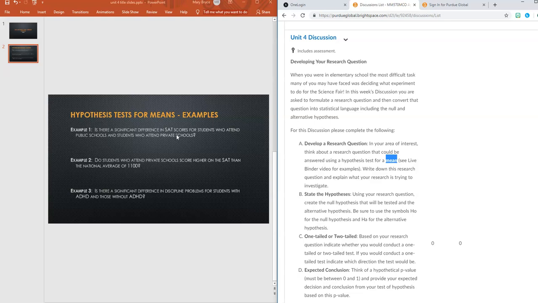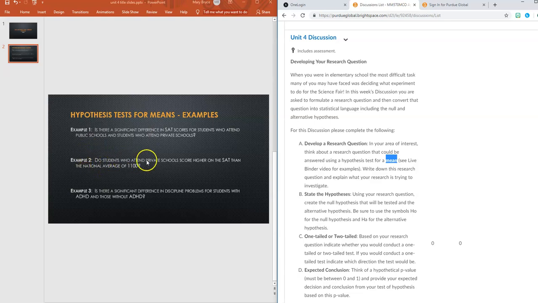You would collect data and get a sample of students who go to public schools, a sample of students who go to private schools, and get their SAT scores and compare the mean SAT score of the public school students to the mean SAT score of the private school students. So that's a good research question for comparing means and testing a claim that has to do with comparing private schools and public schools in terms of their SAT scores. So that would be a good one.